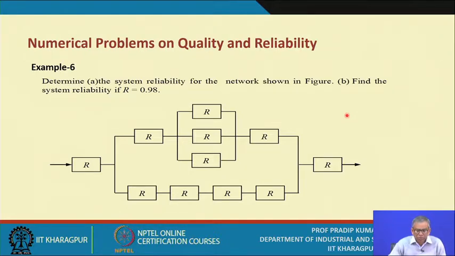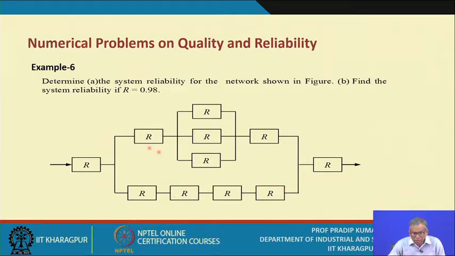Here what you find is that there is a system structure given. You have one parallel configuration. Now this parallel configuration is linked with two other components in series, and similarly all these four components are also in series, and this is one subsystem.